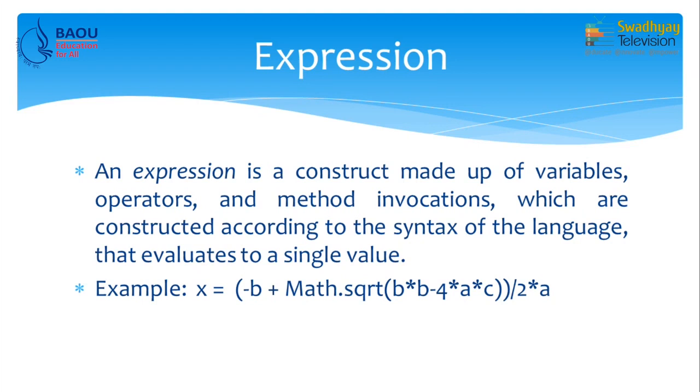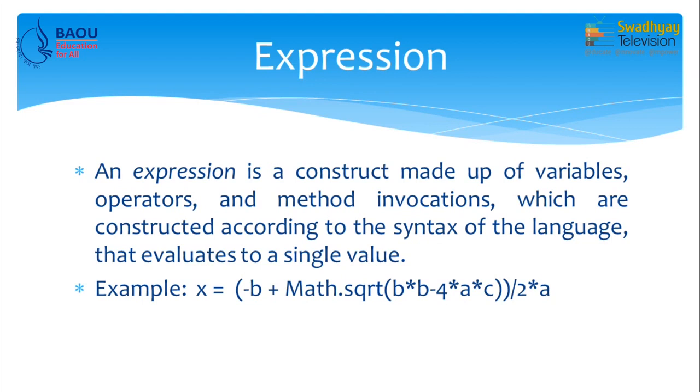An expression is a construct made of variables, operators and method invocations, constructed according to the syntax of the language, that evaluates to a single value. One example of an expression is shown on screen, to find the roots of a quadratic equation.